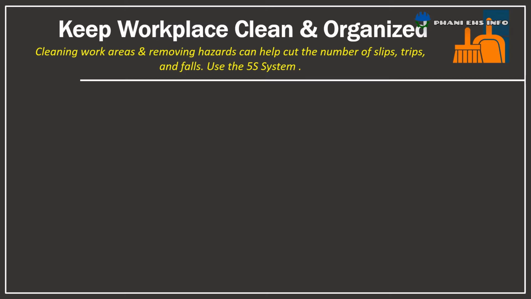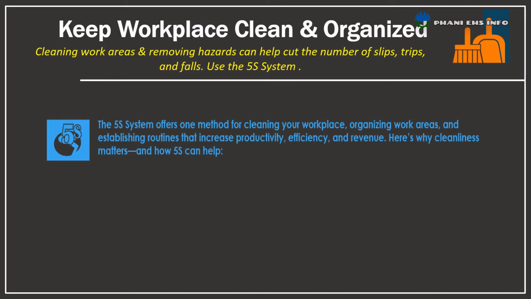The 5S system offers one method for cleaning your workplace, organizing work areas, and establishing routines that increase productivity, efficiency, and revenue. Here is why cleanliness matters and how 5S can help. Improve efficiency, create standardized work procedures, and establish routines for accomplishing regular tasks.